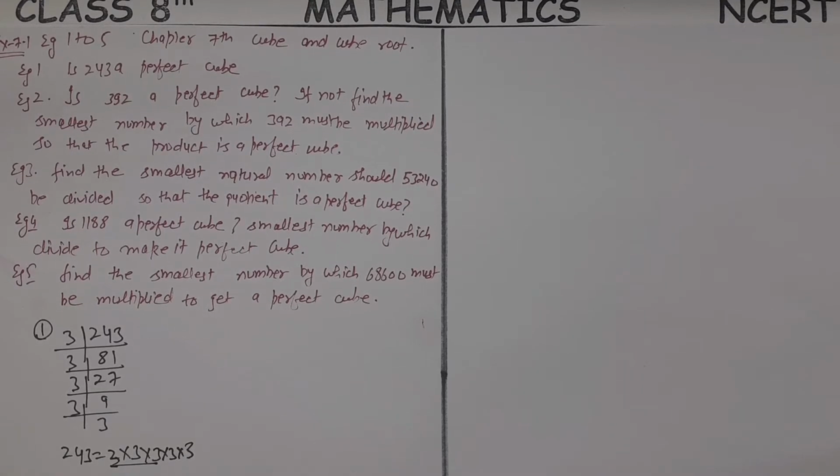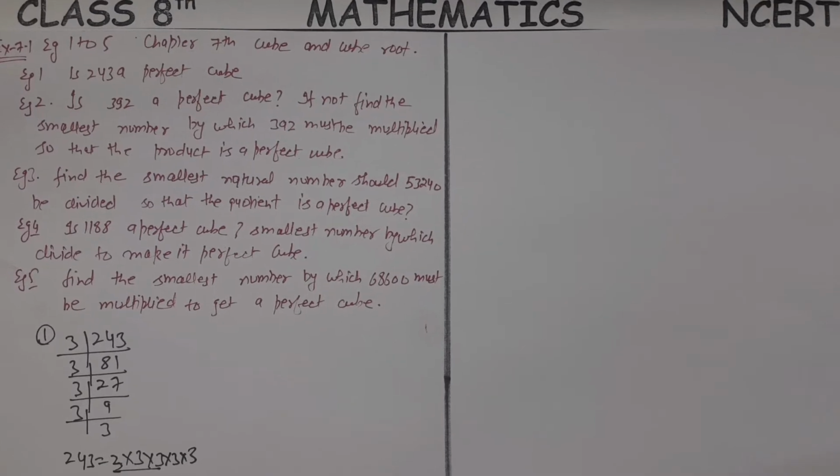Here 3 appears 5 times, not in a triplet. That's why 243 is not a perfect cube number.